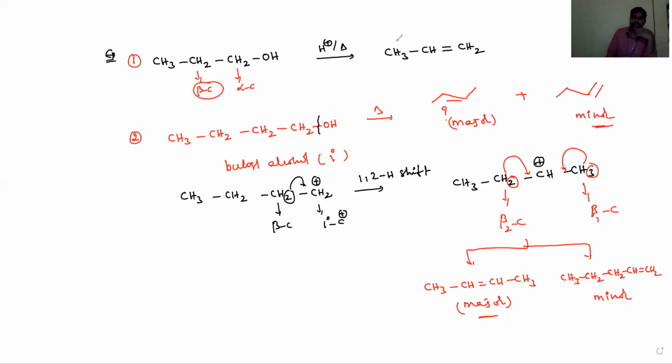Dear students, one more example, a tertiary alcohol. The breaking is very fast. Tertiary butyl alcohol is treated with acidic medium and heated, and only one kind of beta carbon is there.